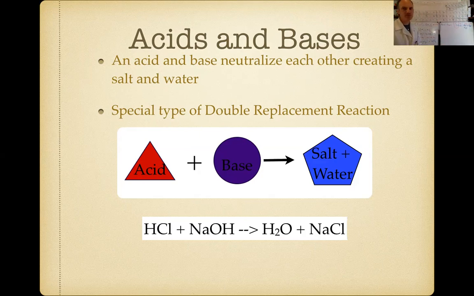So that's kind of interesting that you can have something that would kill you and something that would kill you react together to make water and salt. So if done correctly, you can mix these together and make a totally fine thing to drink. I mean, salt water tastes pretty bad, but it's not like dangerous.